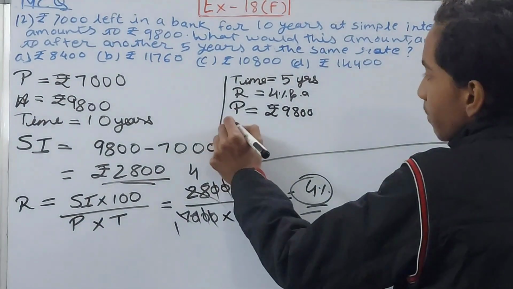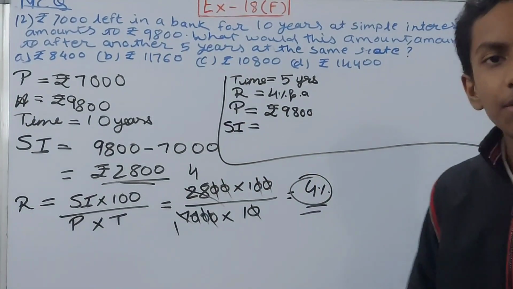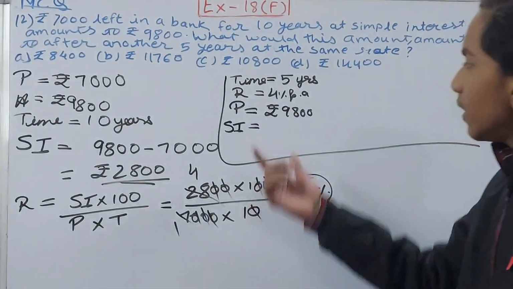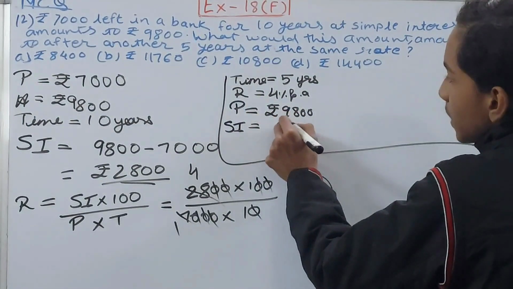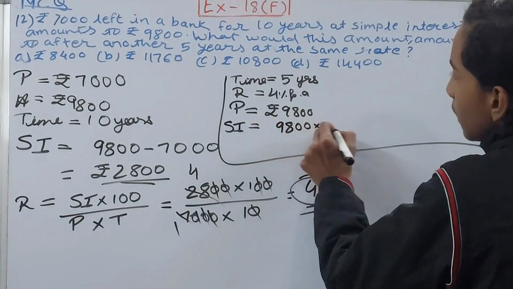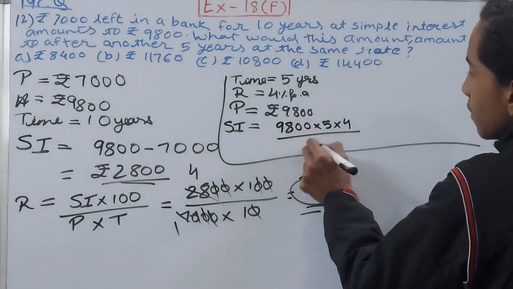Now we'll find the simple interest on this, and then we will add the simple interest to our principal. So PRT: 9,800 into 5 into 4 upon 100.